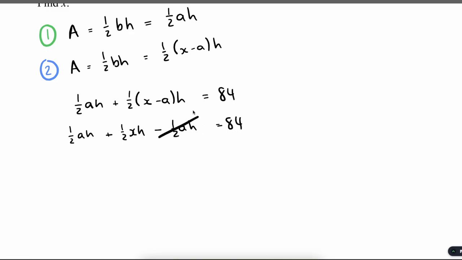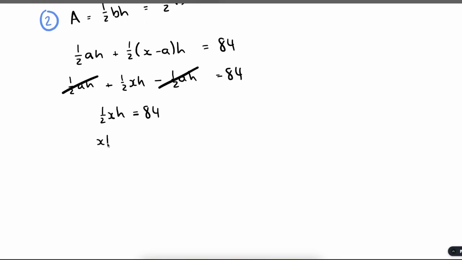And you'll notice that that cancels with that. So we get 1 half XH equals 84. We can multiply by 2 to get XH equals 168. And so we know h is equal to 168 over x, and that's going to help us in a minute.